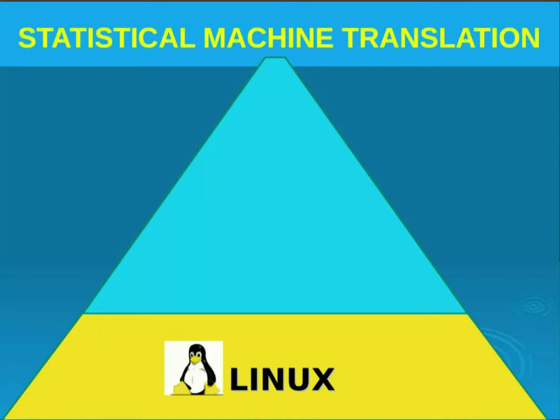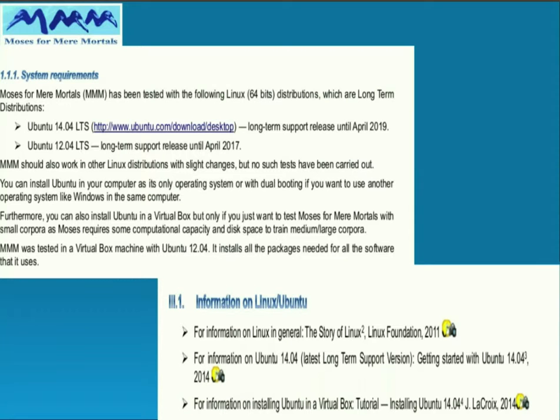So we'll start with the operating system Linux. If you don't have Ubuntu in your computer, you will have to install the 64 bits distribution, which is available for free on the internet.